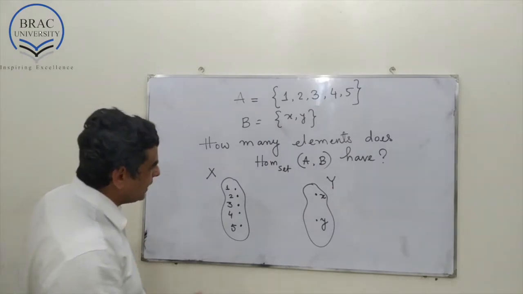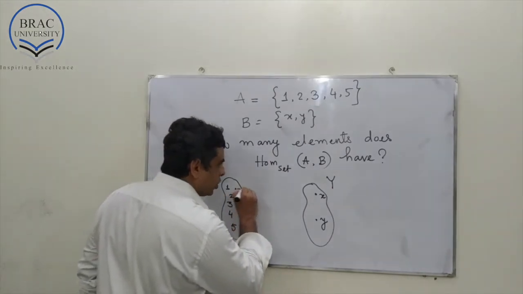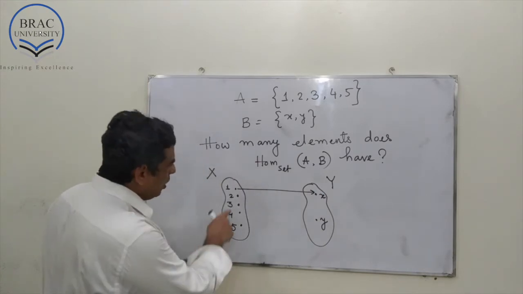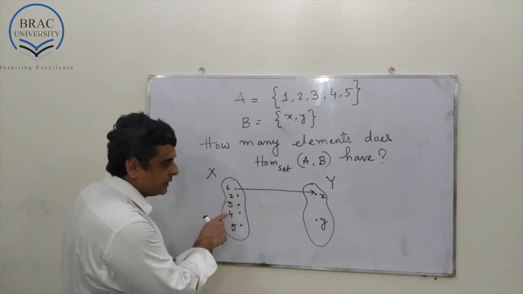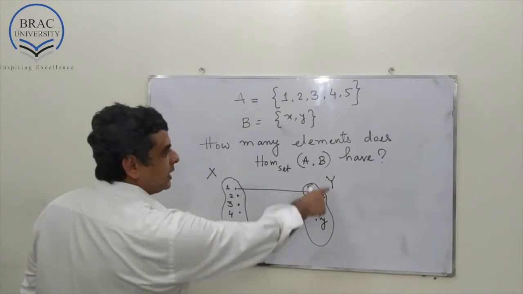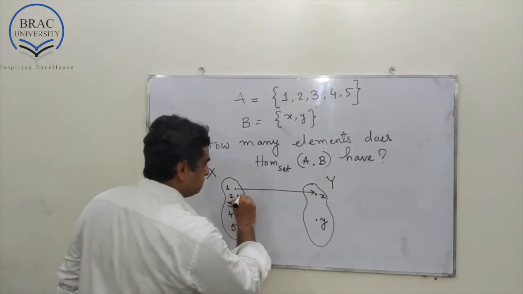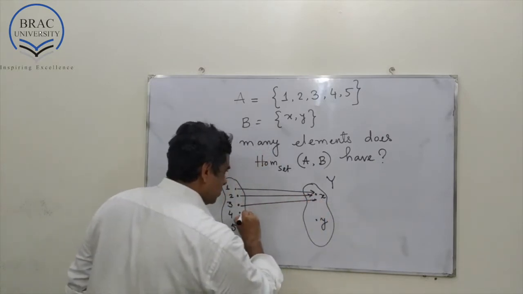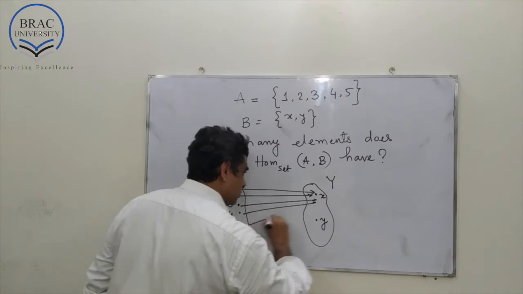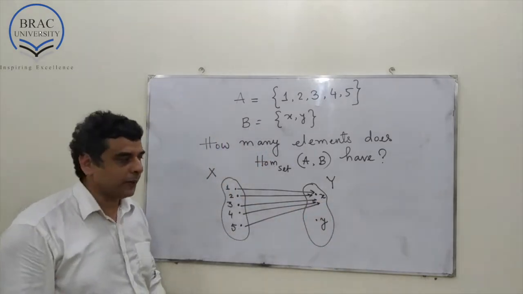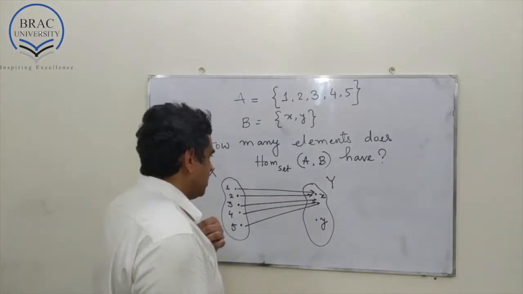So let's take the example of the function where all the elements of A are mapped to the single element x in B. This is the picture for the given function. All the elements are mapped to x.